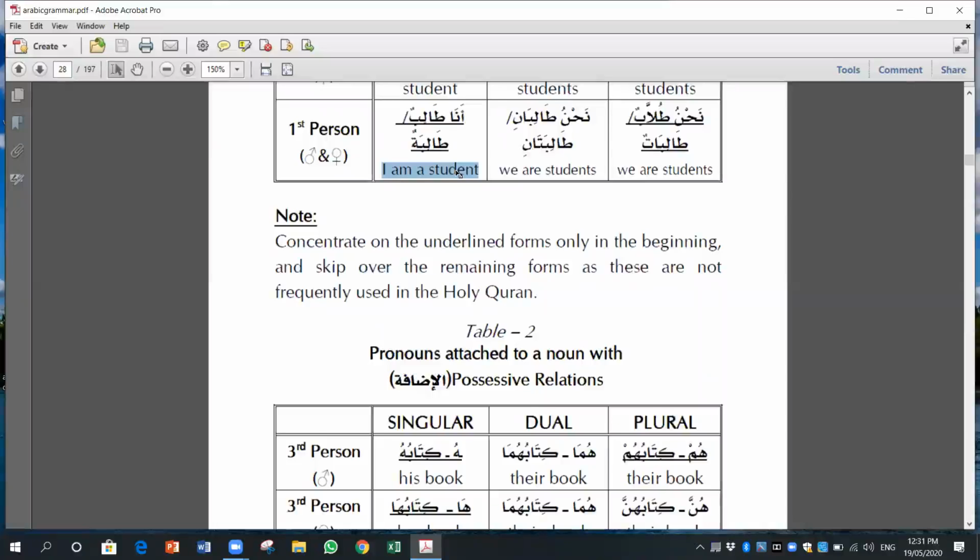If I tell you in Arabic, there are two types of sentences. One type of sentence is where some action is taking place. For example, I am teaching, I am eating, I was going, I slept. Even if it is past tense or present or future, I will go there tomorrow, there is some action.